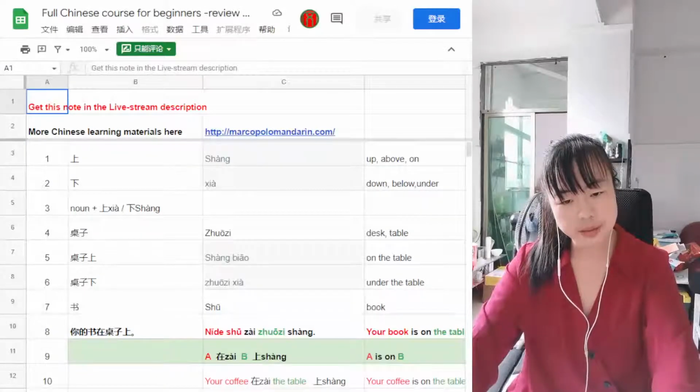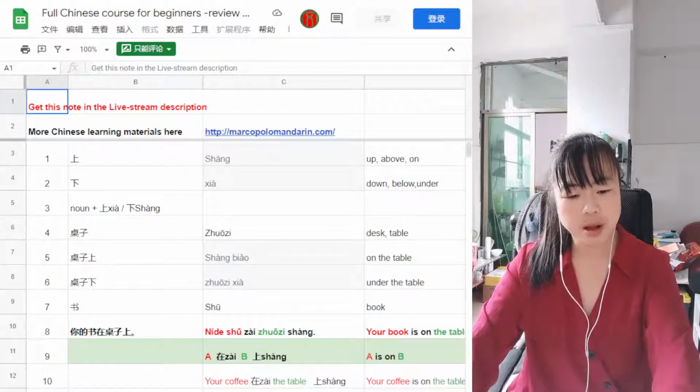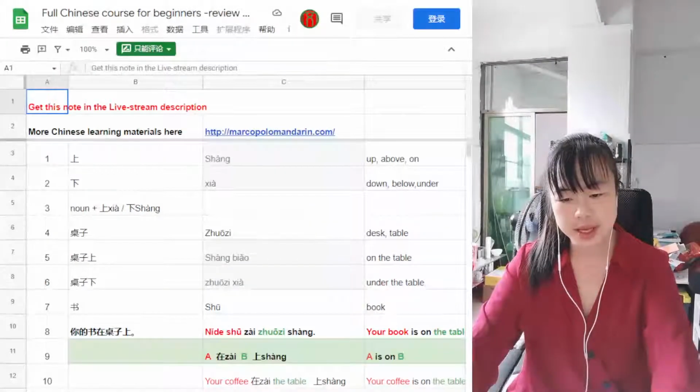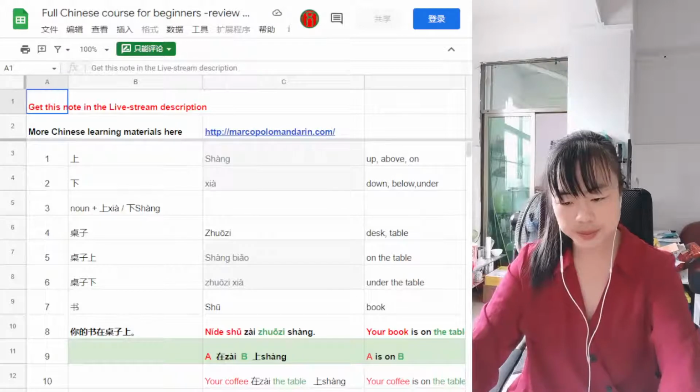And these two, 左边 and 右边, are the most common words in our daily life. We don't often use only 左 or 右. So the pattern is the same. A 在 B 的左边 or A 在 B 的右边, and the 的 is optional.